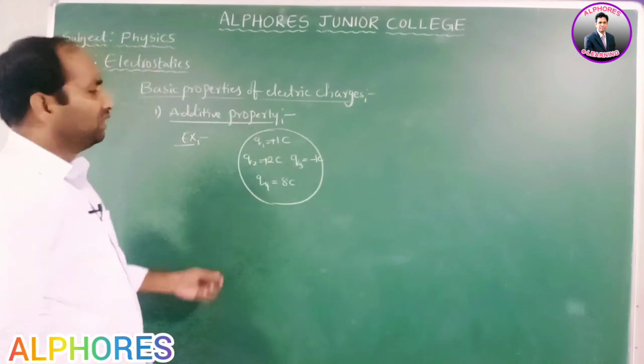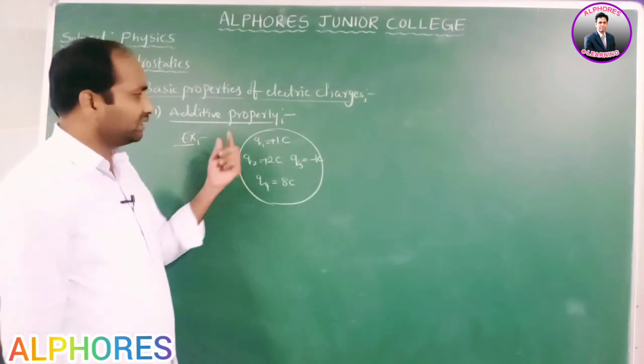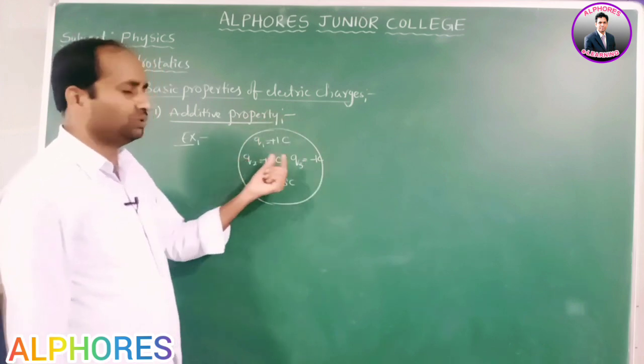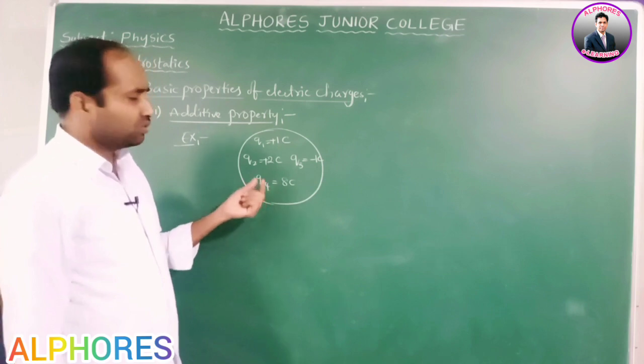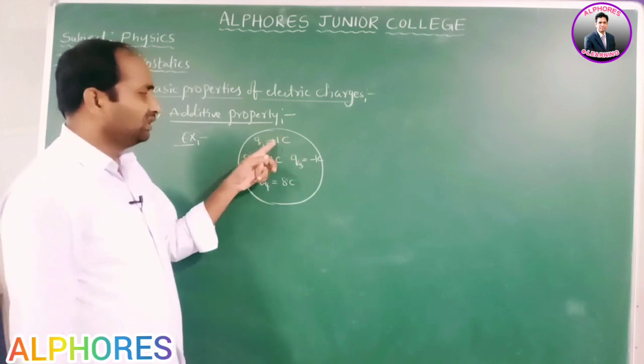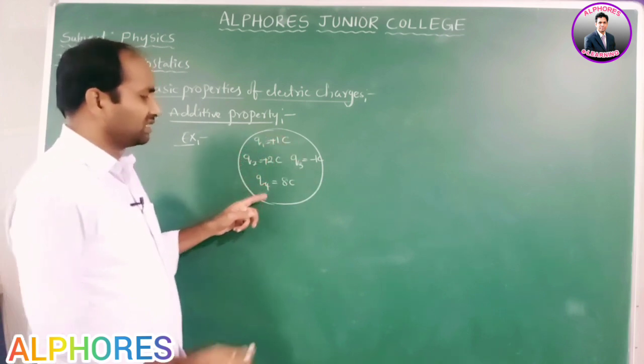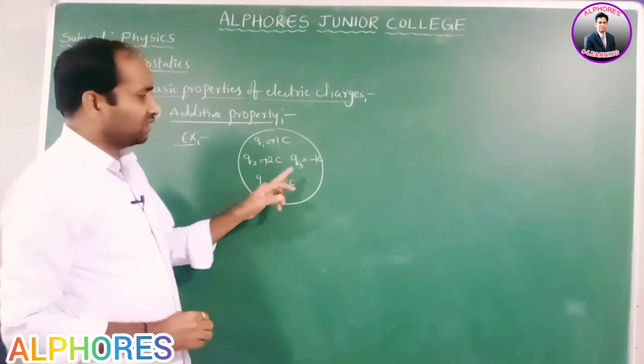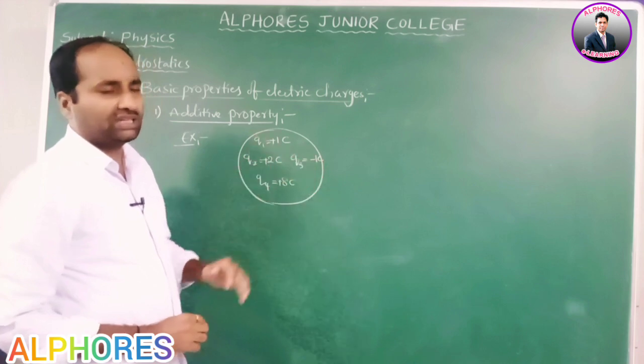Here we are taking an example of a system of 4 charged particles Q1, Q2, Q3, Q4. Among these, Q1, Q2, Q4 are positively charged particles, and Q3 is a negatively charged particle.